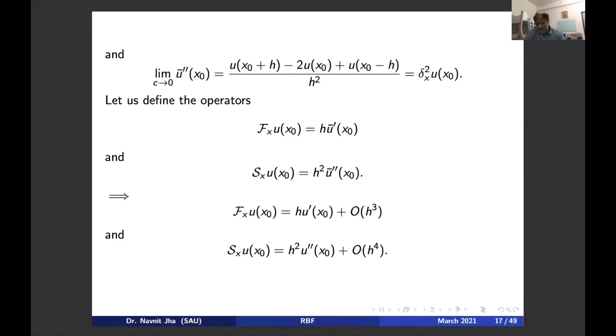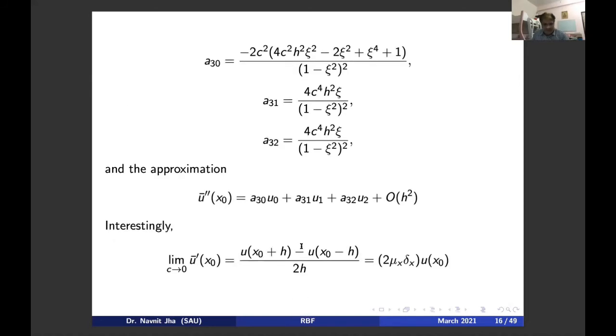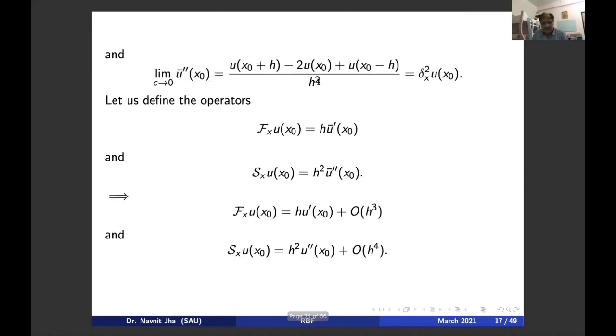Basically, why I have multiplied by h and h square is because, you see, in the previous slide in the numerator it is coming out to be h, and here it is h square. So when you multiply the formula by h and h square, it is easy for you to apply Taylor series expansion at h equal to 0.